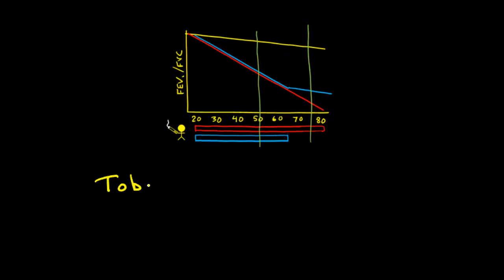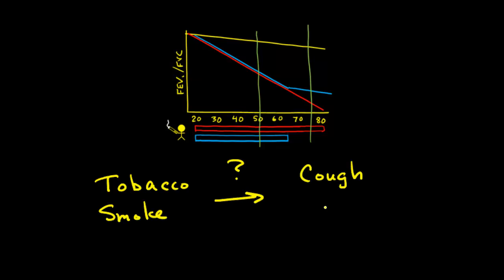Now, if I was looking at a different outcome in relationship to tobacco smoke exposure, say something like cough and wheeze: if you remove the exposure of tobacco smoke, the risk of cough and wheeze is probably going to go down as well. And so unlike airway constriction, which is a persistent effect, the effects of cough and wheeze are less persistent.